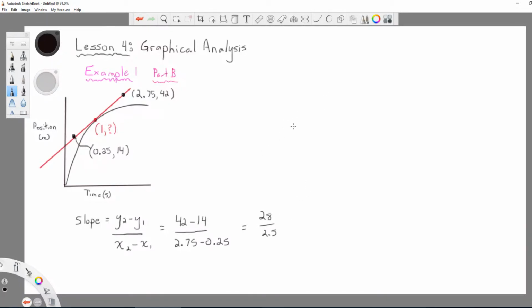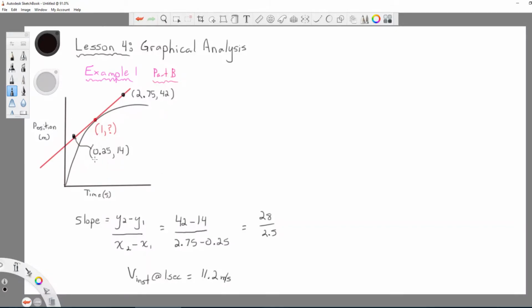And so where I'm going to put my final answer here, we'll call this velocity, which is instantaneous at 1 second. You could just put the answer if you like. I like to be specific with my answers. So our instantaneous velocity at 1 second is going to equal what this works out to be, which I got to be 11.2 meters per second.